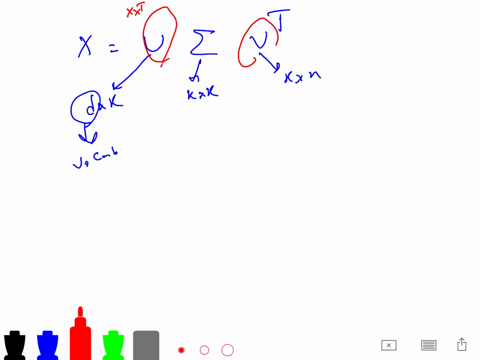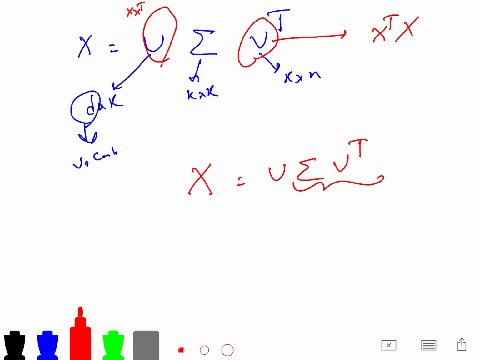And columns of V, everybody knows those are eigenvectors of X transpose X. And when we say, for example, X is equal to U sigma V transpose, so this could be a low-dimensional representation, let's call it Y, and it can be referred to as latent semantic indexing.